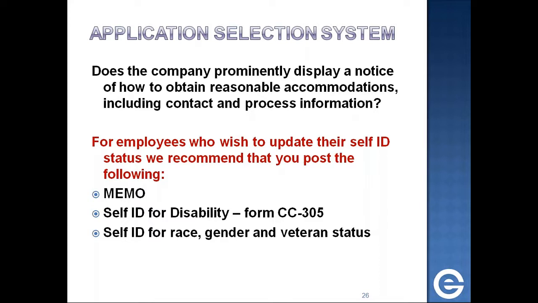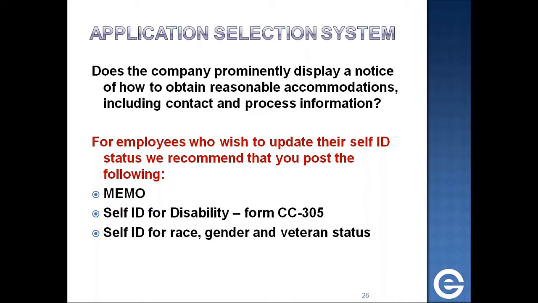Let me go back to this one. The reason we suggest you do it for race, gender, and vet status is sometimes people want to go back and change their status. So if they want to change their status in any area, they can. Now, we all have been experiencing friends or relatives, or even you yourselves, where you run your DNA and you realize you're a different race than you thought you were.